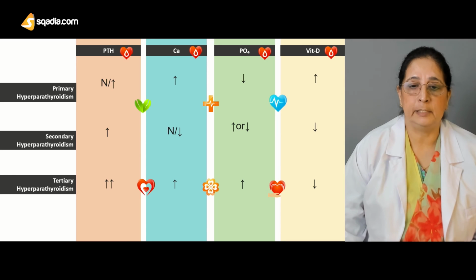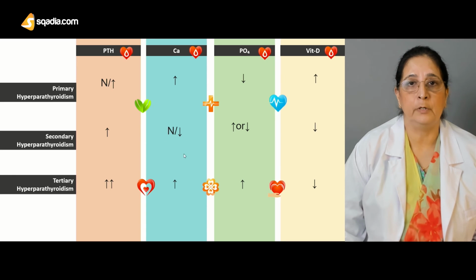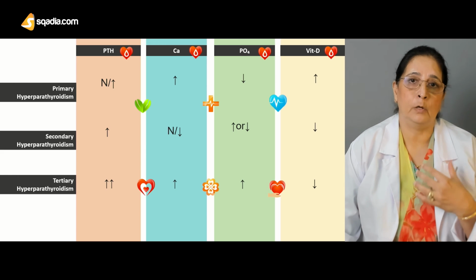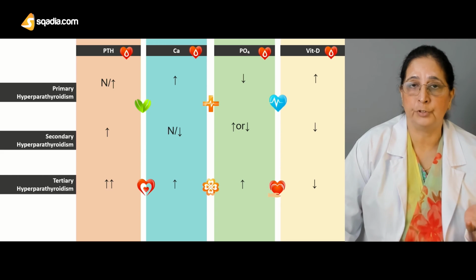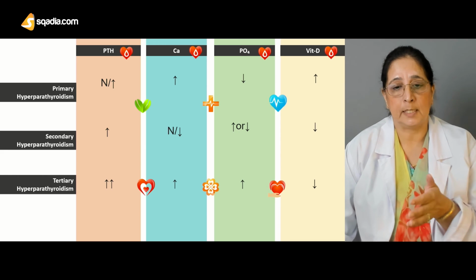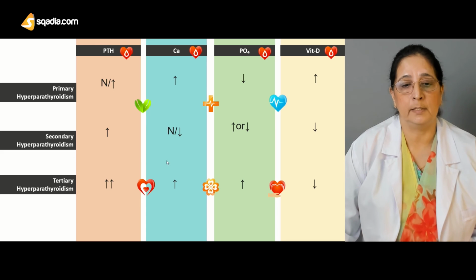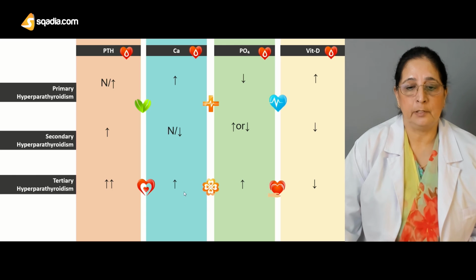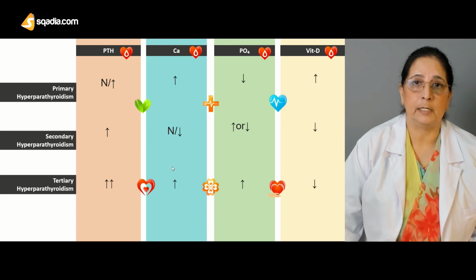And this decrease in the calcium level because of receptor failure or because of poor reabsorption from the bone or intestine can cause secondary hyperparathyroidism. And in tertiary, again, it is usually increase in the calcium level that causes hyperparathyroidism.